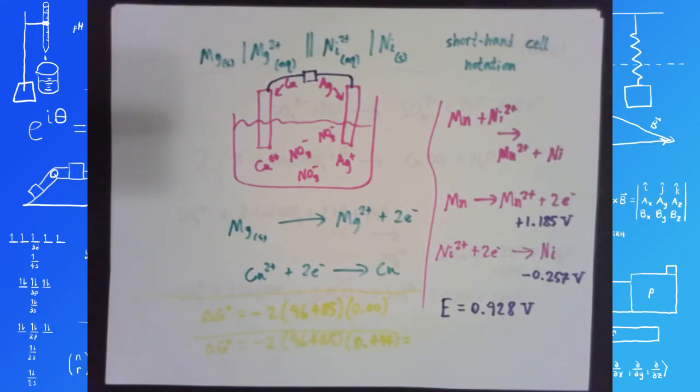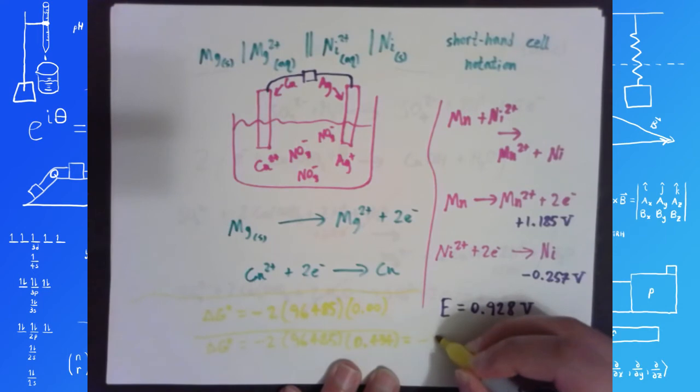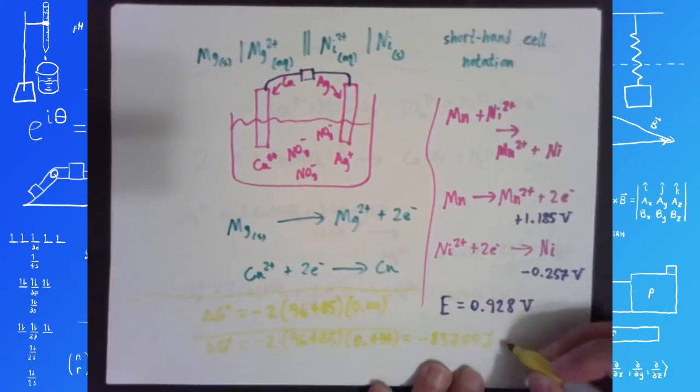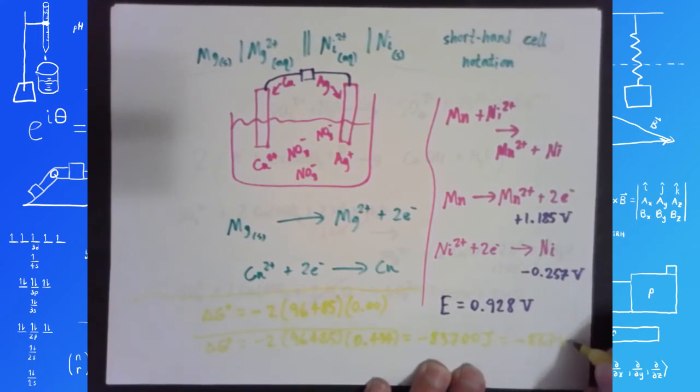So rounding to 3 sig figs, that's negative 83,700, and that's in joules. In kilojoules, that's negative 83.7 kilojoules, or kilojoules per mole, if you prefer.